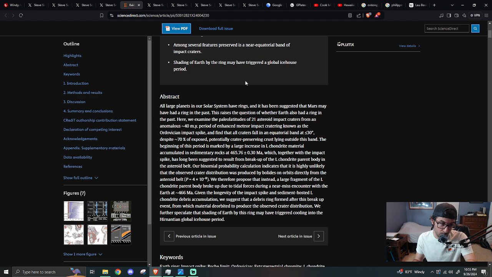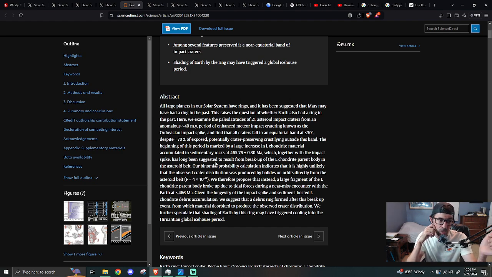The beginning of this period is marked by a large increase in L-chondrite material accumulated in sedimentary rocks at 465 million radiometric dating, which together with the impact spike has long been suggested to result from breakup of the L-chondrite parent body in the asteroid belt.